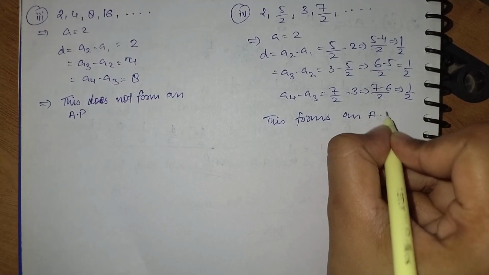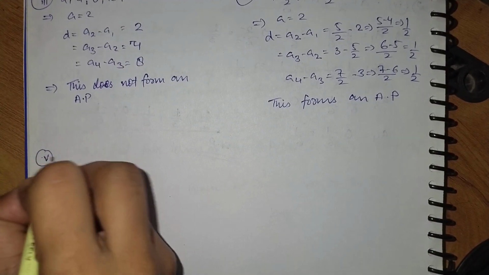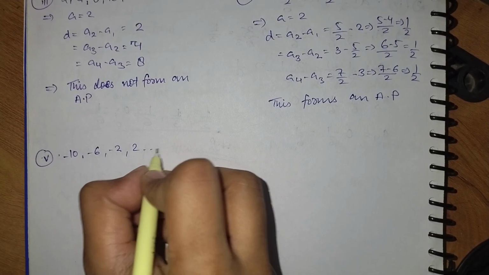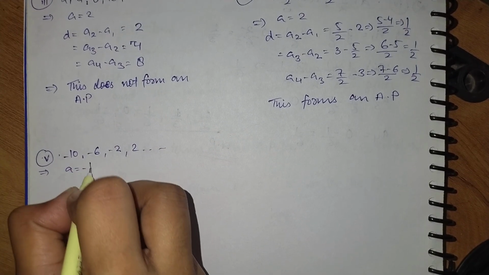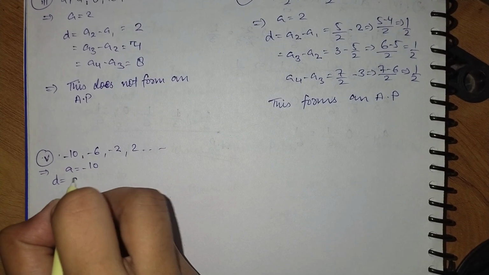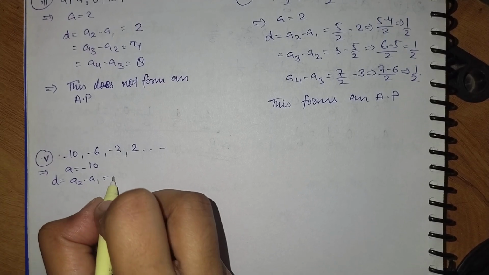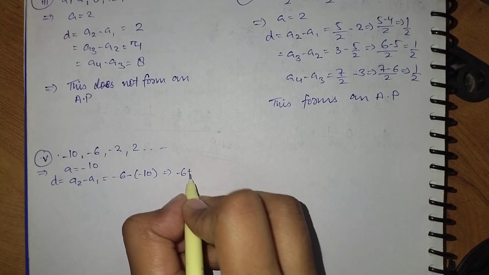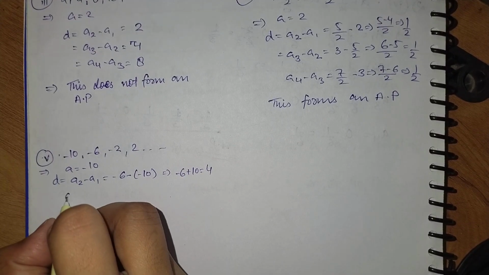Now solving the fifth part, which is minus 10, minus 6, minus 2 and 2. So here first term is minus 10 and the common difference will become A2 minus A1 equal to minus 6 minus minus 10. So minus 6 plus 10 equal to 4.